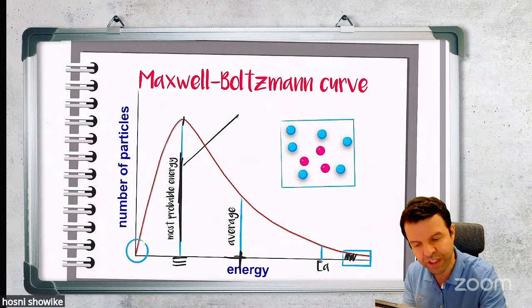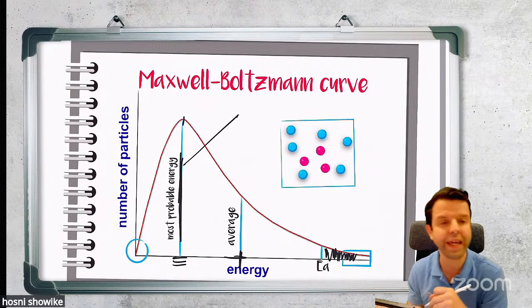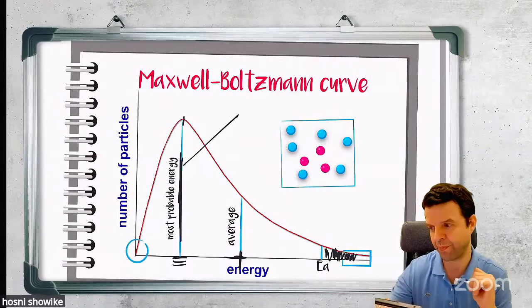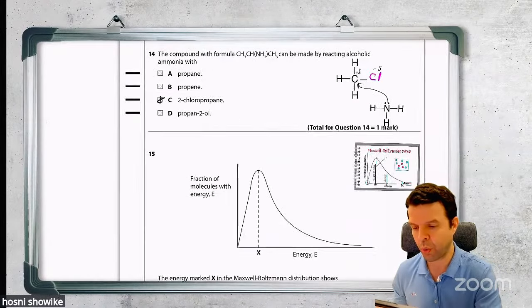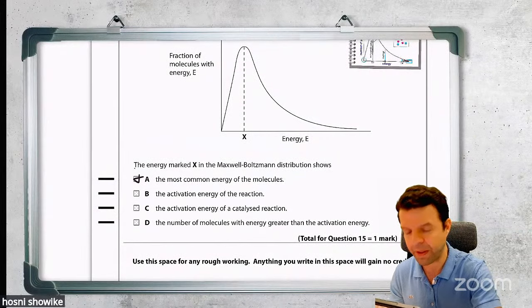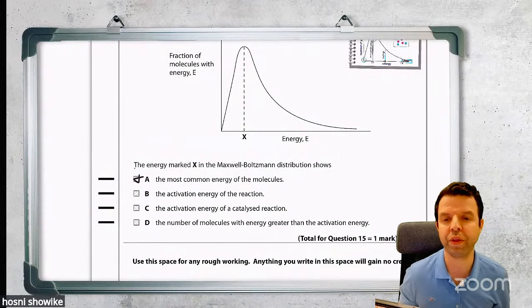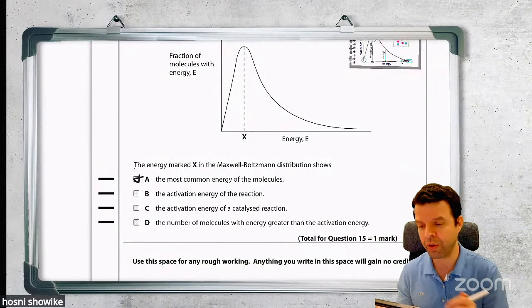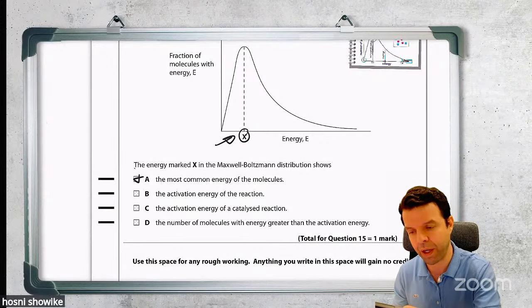And only this section has particles that can react successfully. So X is this one, the molecules with the most common, the largest number of particles with this little amount of energy.